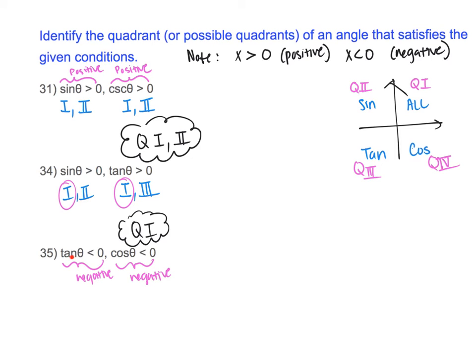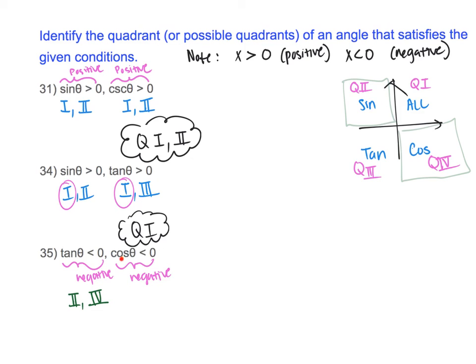When tangent is positive, that is in the first and third quadrant. So we're going to ignore the first and third quadrant. Instead, we are going to look at the other quadrants, the second and the fourth. So the second and the fourth is when tangent is negative.